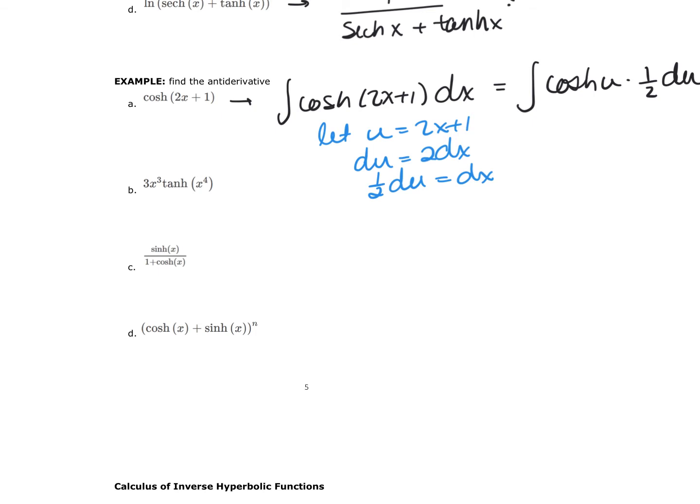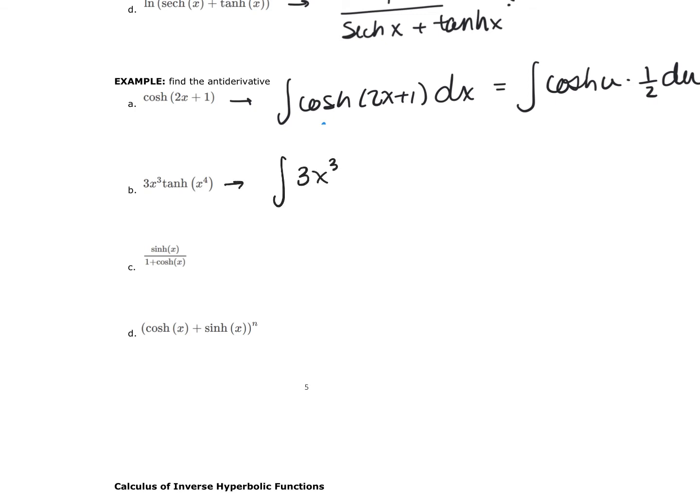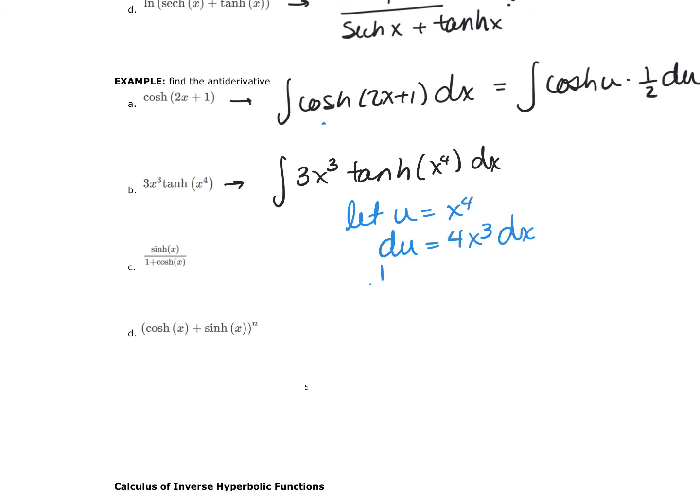And of course, I have the 3x squared. So again, what I'm asked to do is the integration. I'm going to do a little bit of u sub here. So I'm asked to integrate 3x to the third, the hyperbolic tangent of x to the fourth dx. So if I let u equal x to the fourth, du is going to equal 4x to the third dx. And you can see I'm missing the 4, so I'll have 1/4 du is equal to x cubed dx.